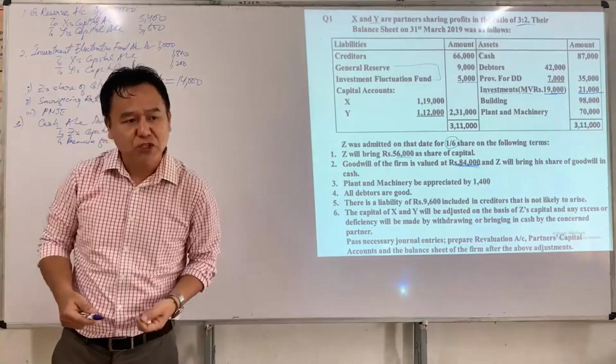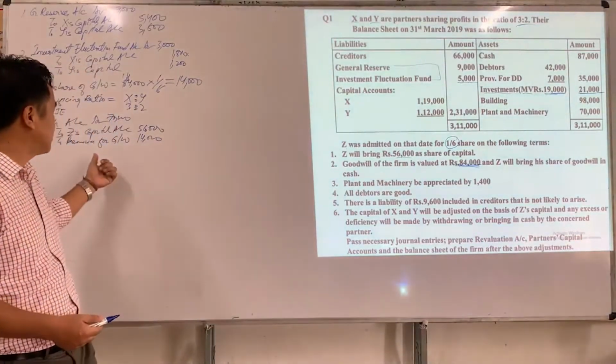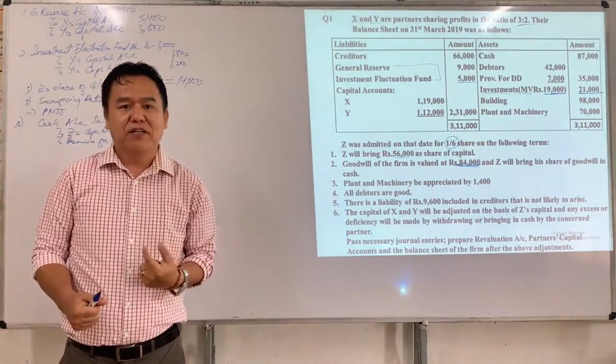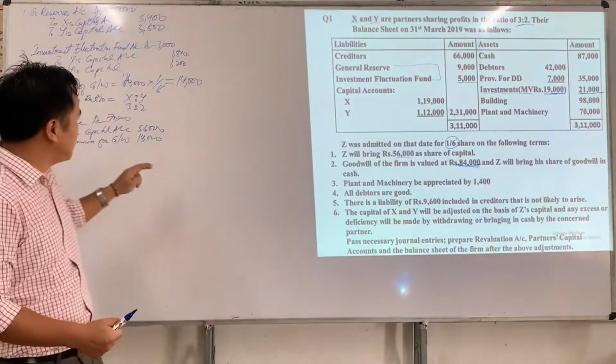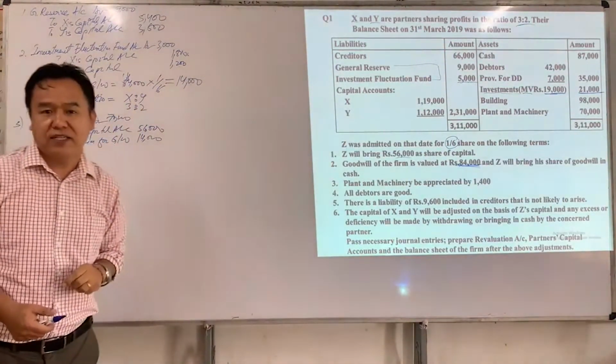It is to be transferred to the sacrificing partners' capital accounts in their sacrificing ratio, which means the premium amount is payable to the sacrificing partners, so it should be treated as a liability. If liability increases, it should be credited. That is why premium for goodwill account is credited here.